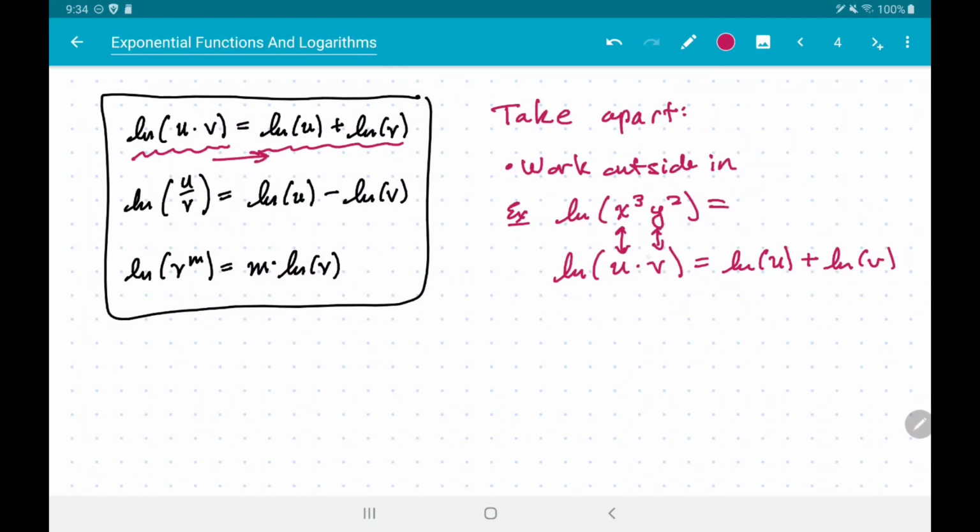So here, I've matched ln of x cubed times y squared against ln of u plus v. I've recognized that I can take that apart as ln of x cubed plus ln of y squared, and so on.